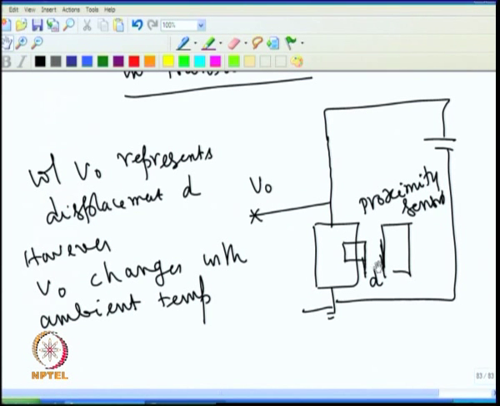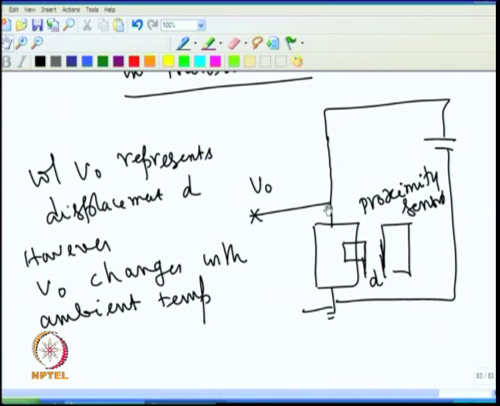So, even though for a given distance D is not changing, voltage V0 will be changing. This is a major challenge in analog circuits, because temperature drift is a real issue in most circuits, particularly the transducers.